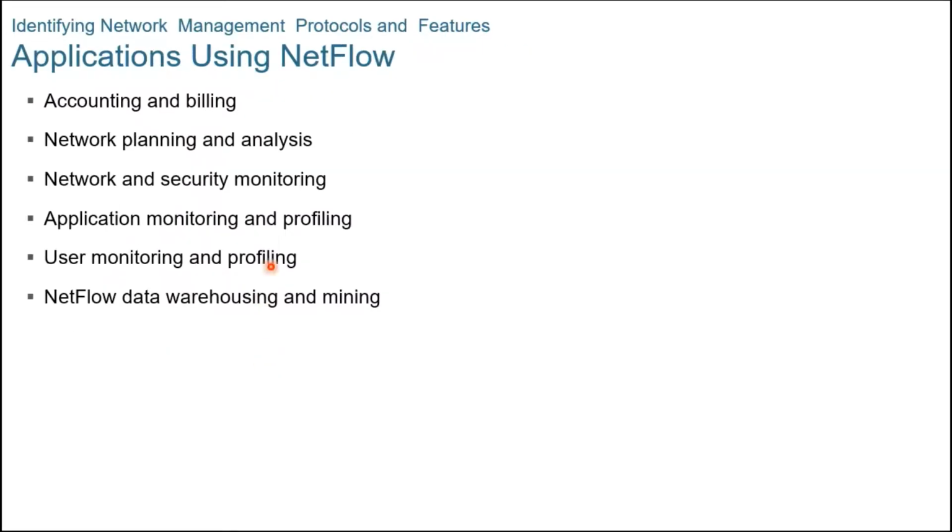Applications using NetFlow. NetFlow enables several key customer applications, including the following. You've got accounting and billing. Because flow data includes details such as IP addresses, packet and byte counts, timestamps, and application port numbers, NetFlow data provides fine-grained metering for highly flexible and detailed resource utilization accounting.